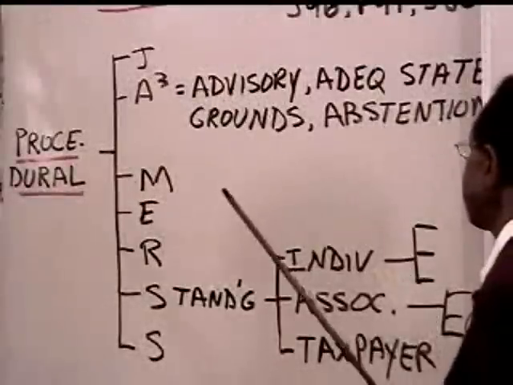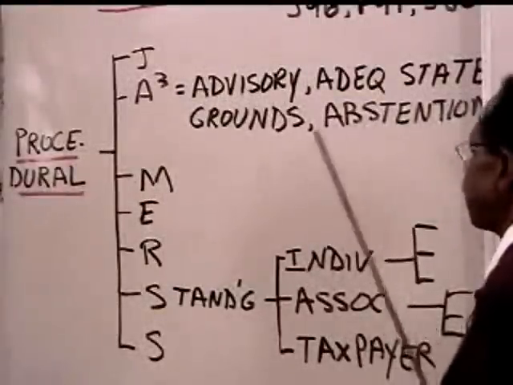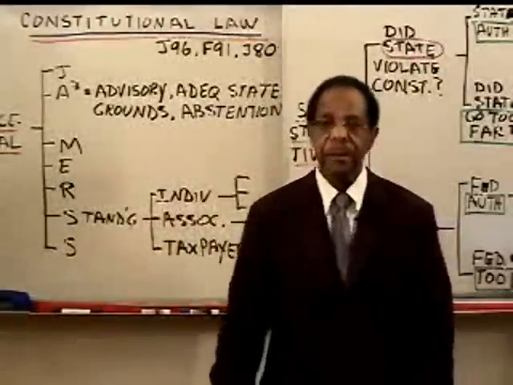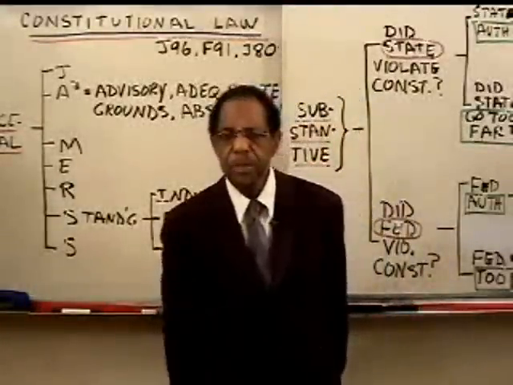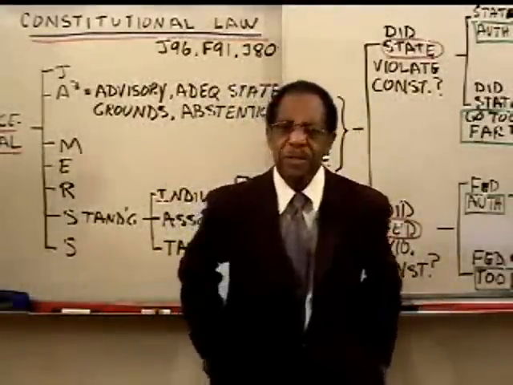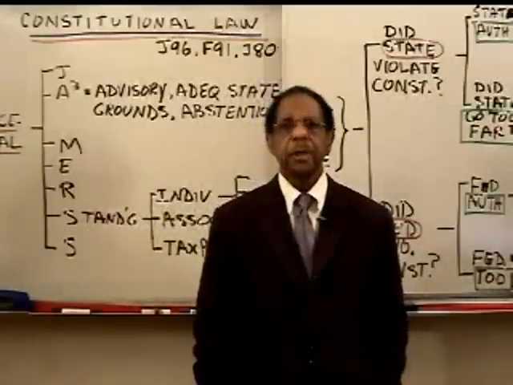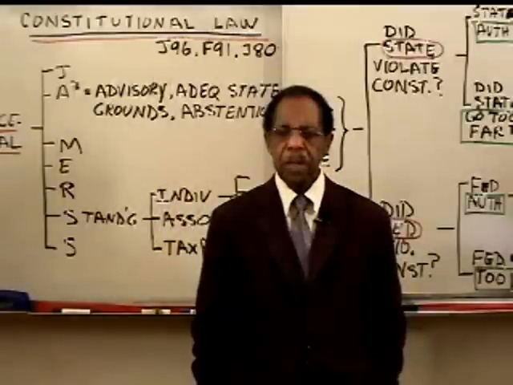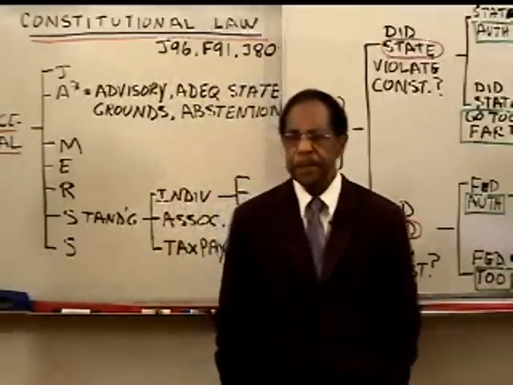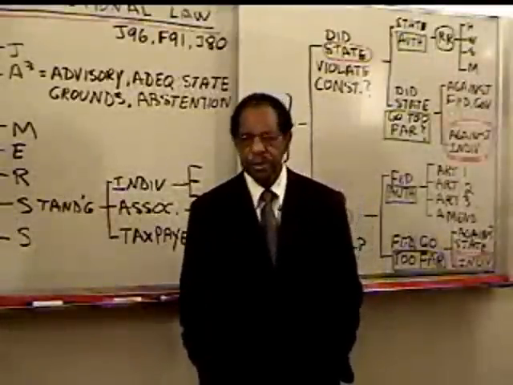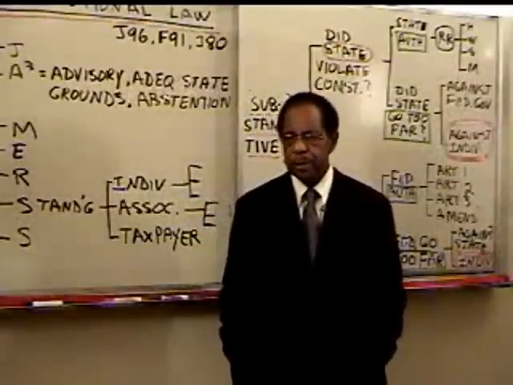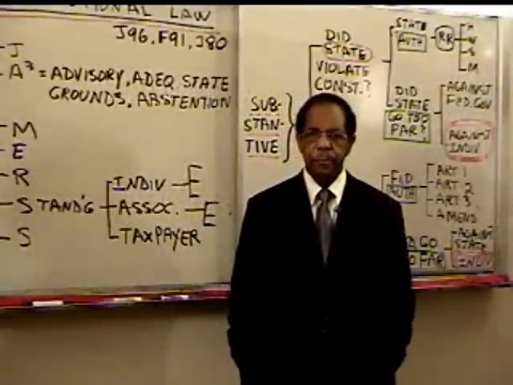Finally comes the Abstention Doctrine, which is a third reason that you may not get into the federal courts. The Abstention Doctrine is designed to deal with cases where the state has recently passed a new state law.